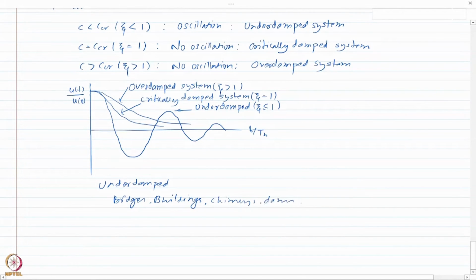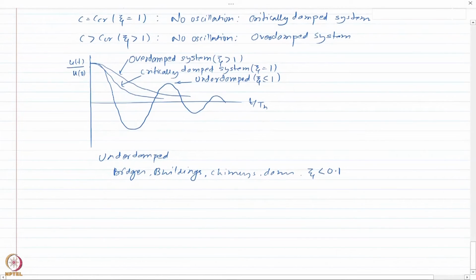Most of these structures have a value of zeta which is less than 0.1 or 10%. Those systems can be categorized as underdamped systems, and that would be the focus of study in this chapter, that we would be primarily dealing with underdamped systems. But in many cases you can see examples of an overdamped system.